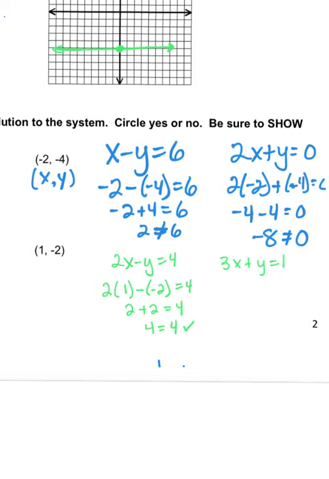Now we just need to check the other one, to make sure that the solution works also. So we've got 3 times 1 plus negative 2 equals 1. So 3 times 1 is 3, minus 2 equals 1. 3 minus 2 is 1, equals 1. Yes, that works.